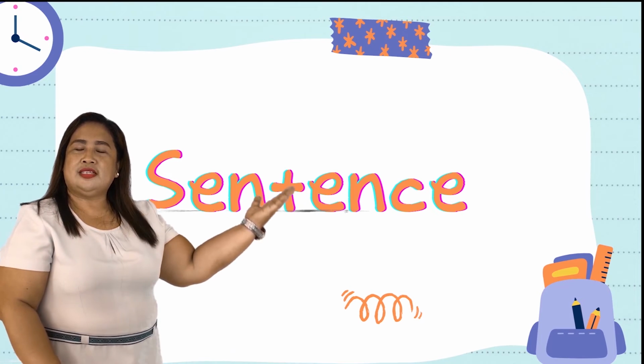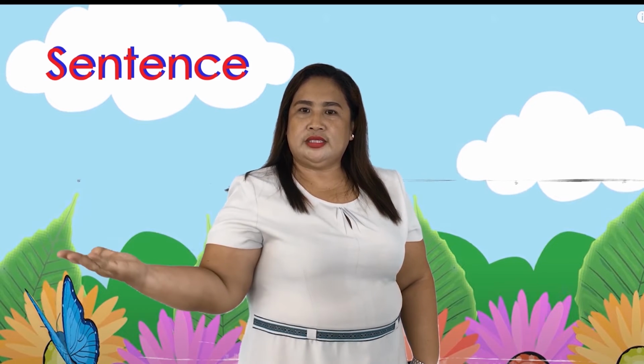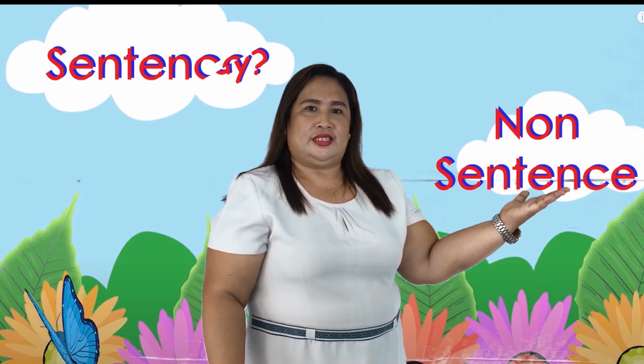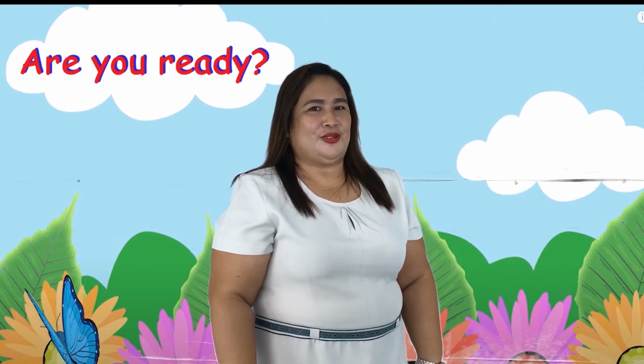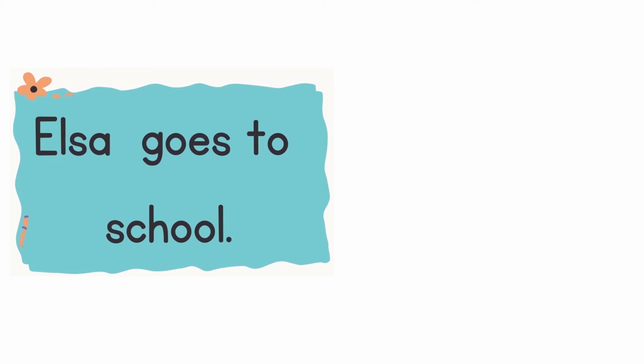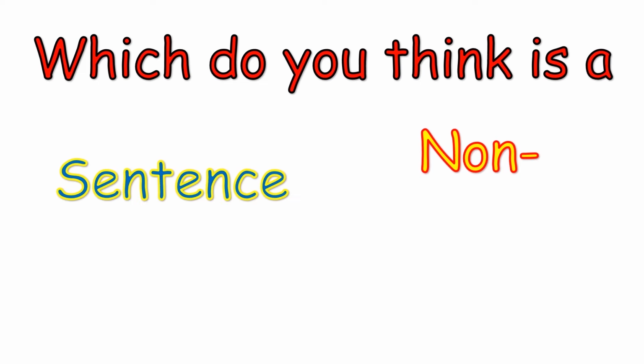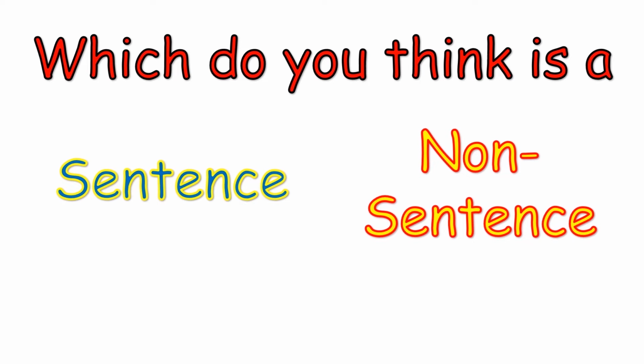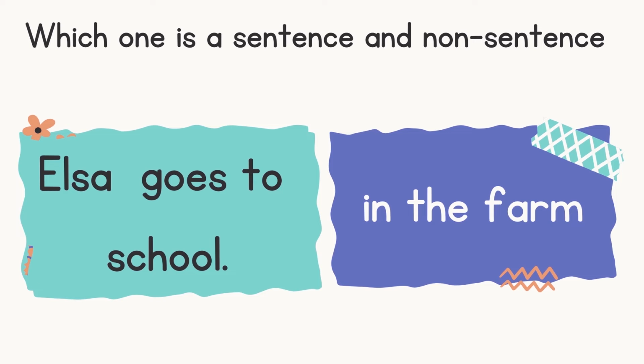I have here a sentence. Let's identify first which is sentence and non-sentence. Are you ready? Let's read it loudly. Elsa goes to school. In the farm. Which do you think is a sentence? Which do you think is a non-sentence? That's right.